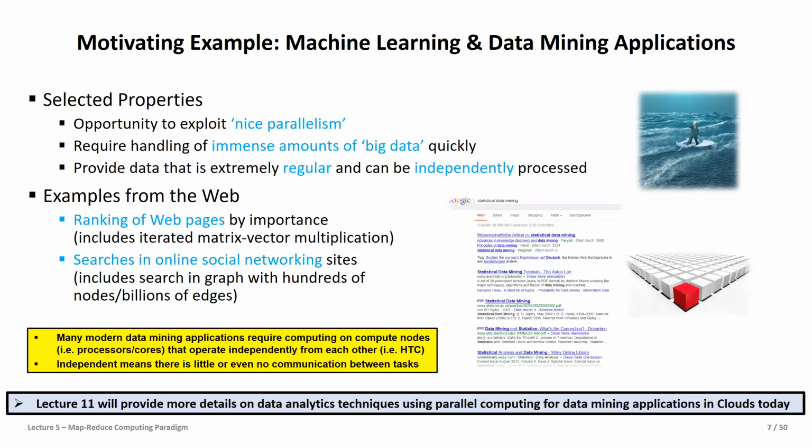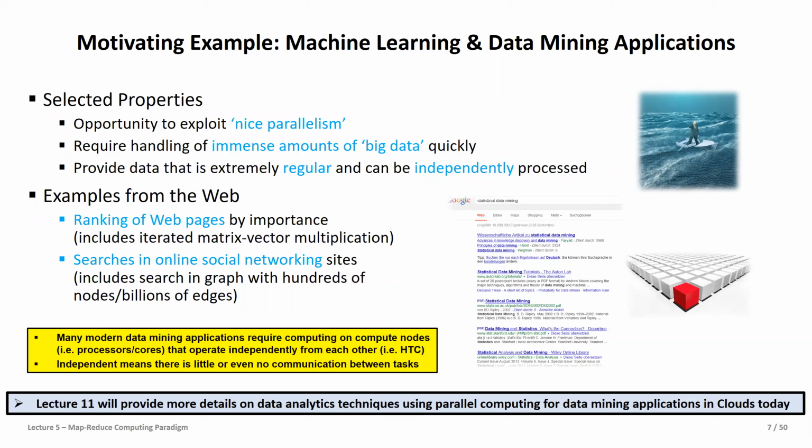So you could do lots of independent things like counting words, which we will explore later, or what you see here. You can see the different links on all the different websites, where they link to, where they're coming from, and so forth. And then perform essentially an iterated matrix vector multiplication in a nicely parallel fashion. And the same is true for the billions of edges in graph databases.